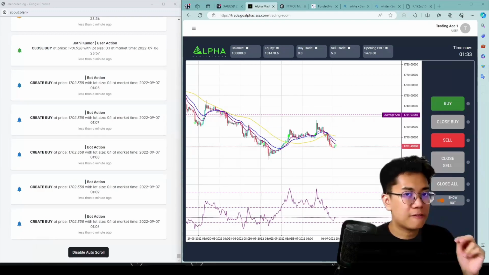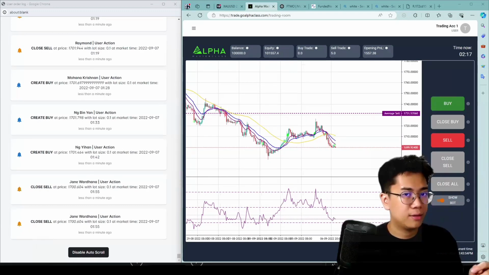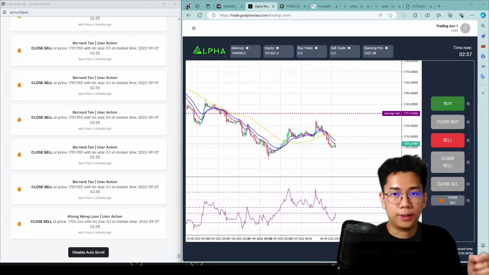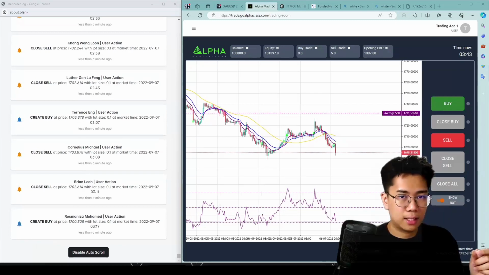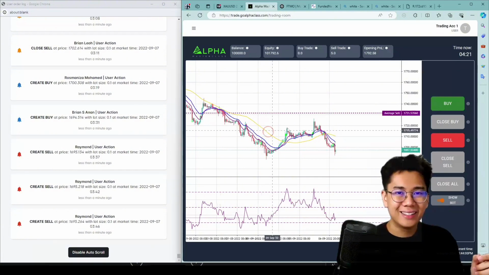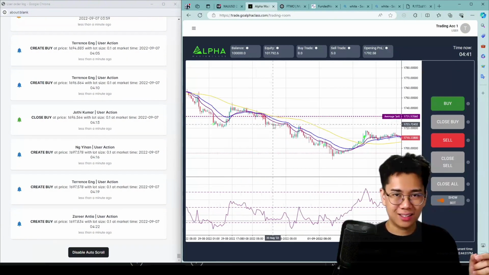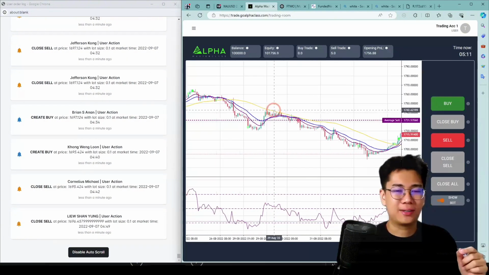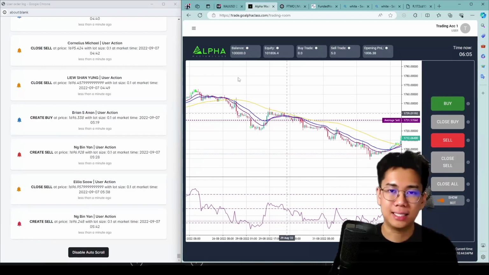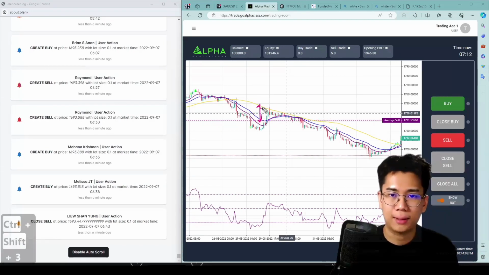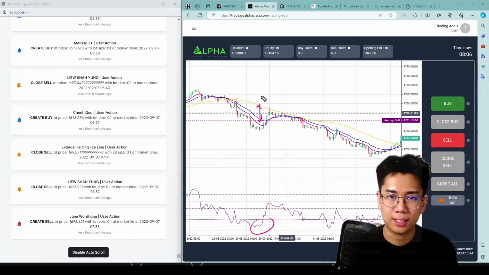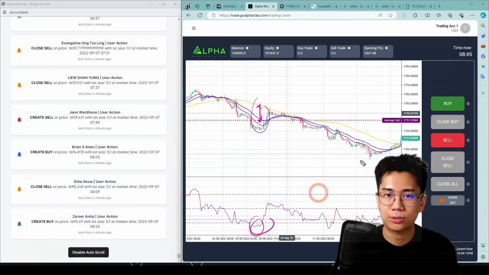Distance between MA50 to MA10, can you foresee the crossover or not? Cannot. The distance can be continuous, just that the distance itself is telling you that the market is at extreme. Like this, this and this is extreme.